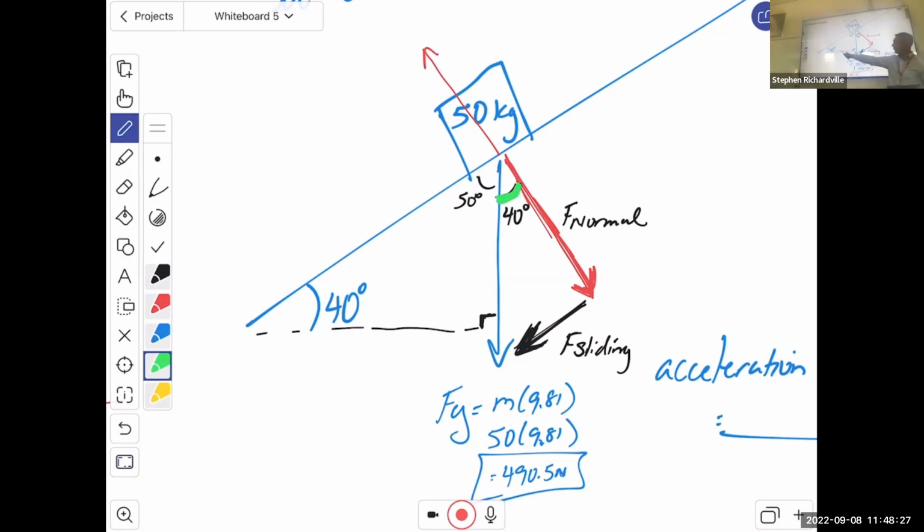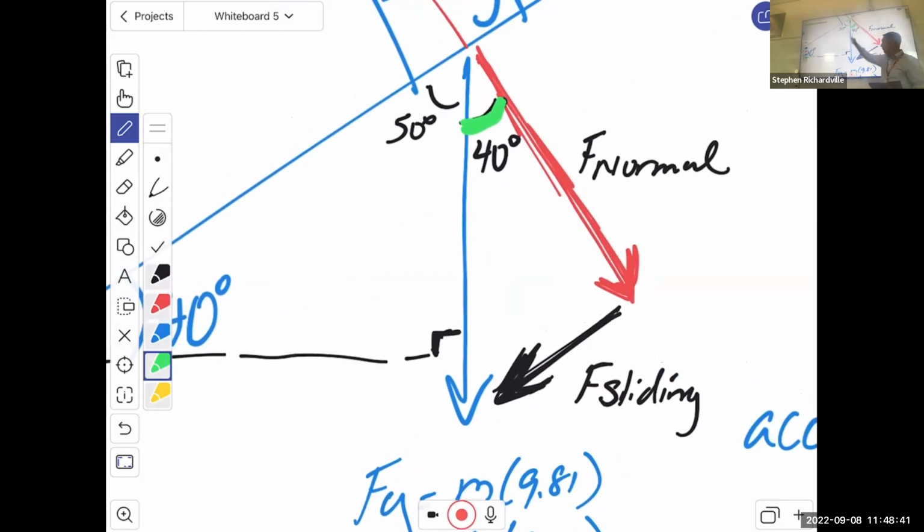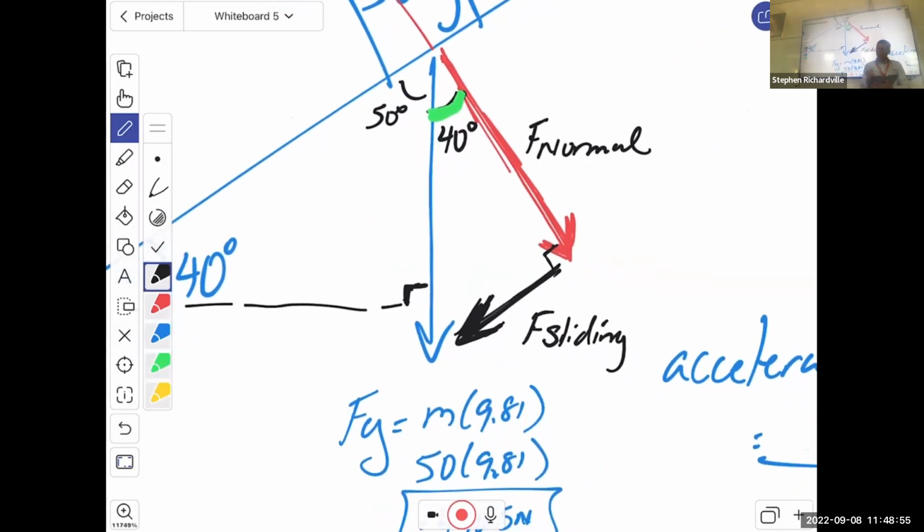So if your ramp angle is 40, this angle up here ends up being 40 as well. Why that's really nice is I can use cosine and sine to find these pieces. What's a little bit confusing is that the blue one is actually your hypotenuse. We're not used to straight up and down being the hypotenuse. But in this case, that is your hypotenuse. So the normal is going to be 490.5 times the cosine of 40.